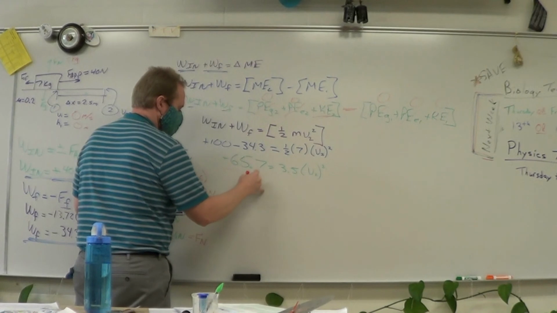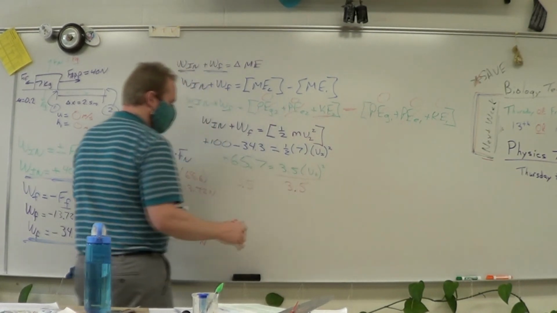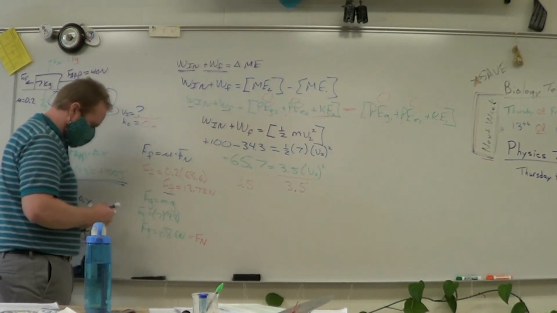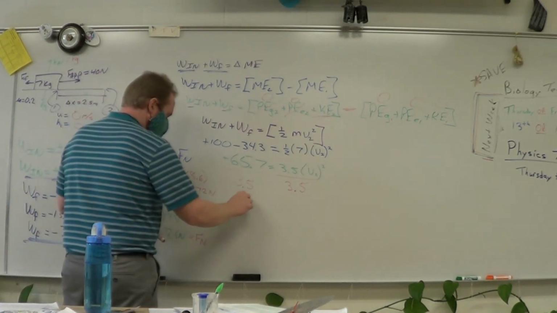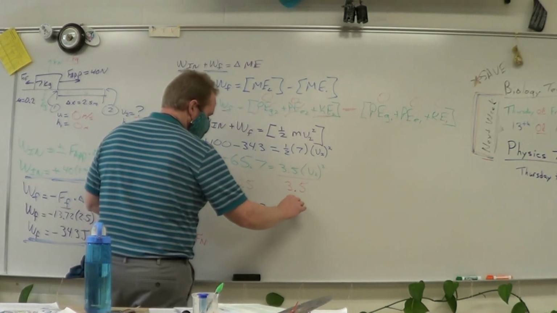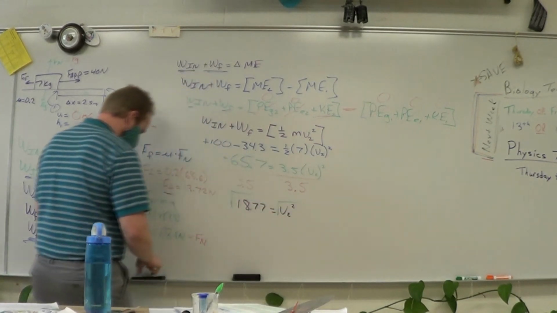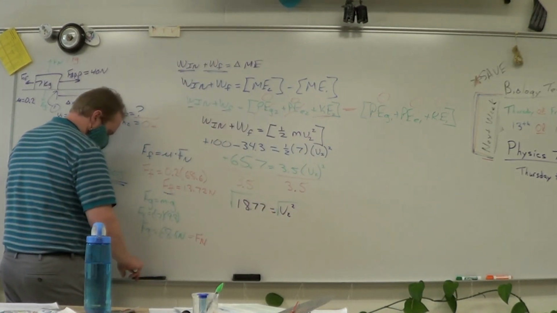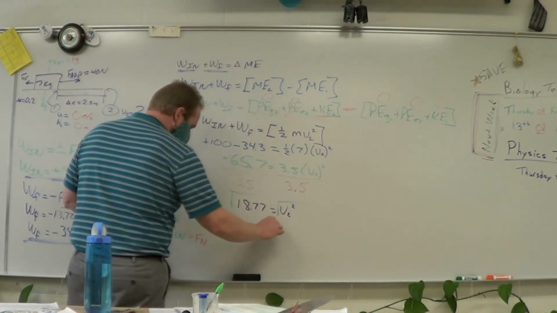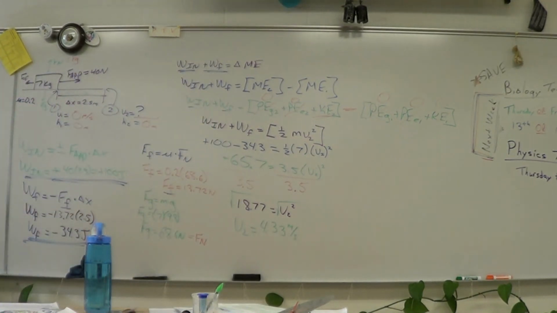Divide by 3.5, divide by 3.5. 18.77 is equal to V2 squared. Last step, take the square root of both sides. And we get a V2 of 4.33 meters per second.